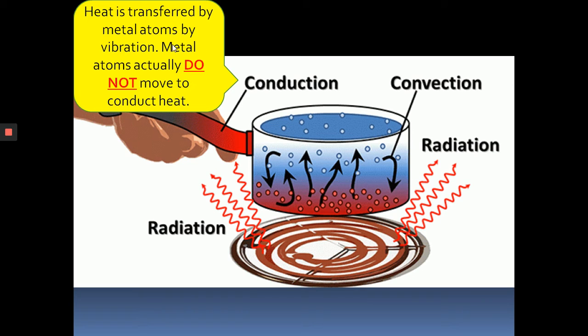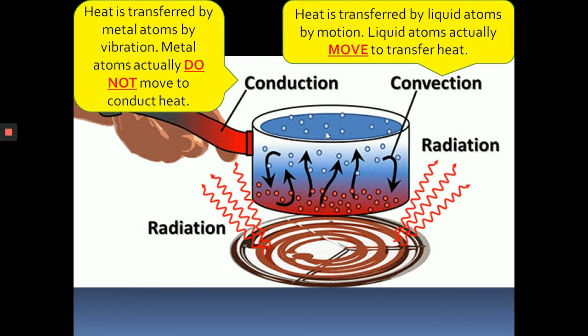Heat is transferred by metal atoms through vibration. You know that these metals are not going to melt down or move around everywhere, but heat energy can still be transferred. The metal atoms actually do not move to conduct the heat. Only heat is transferred.